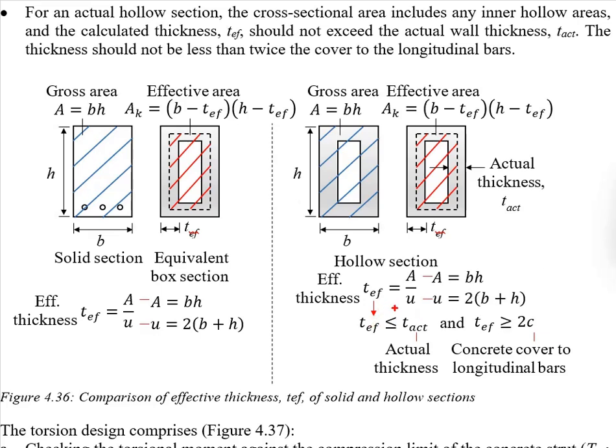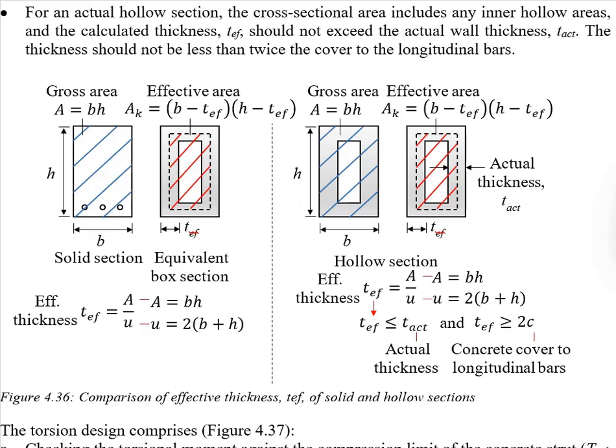How about when the actual thickness is less than the effective thickness and the thickness is actually more than 2 times the concrete cover? Shall you use the effective thickness or shall you use the actual thickness? This condition is not mentioned in the reference that I have referred to.